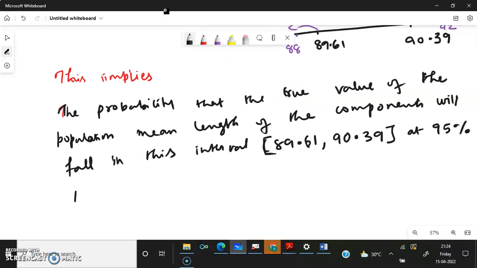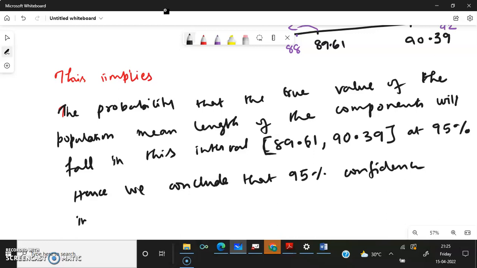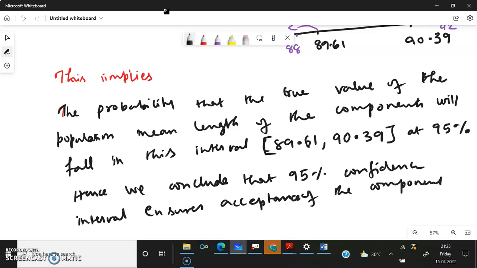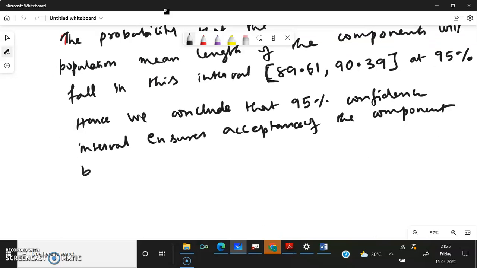Hence we conclude that the 95% confidence interval ensures acceptance of the component by the consumer.